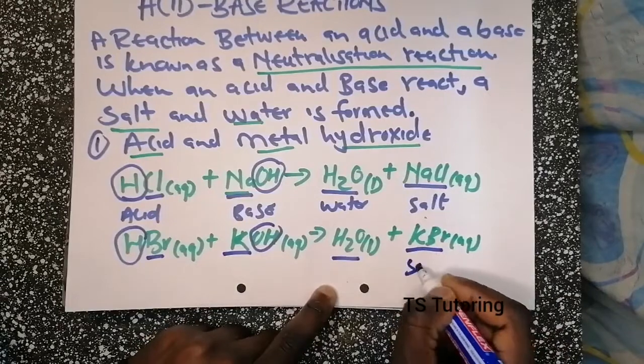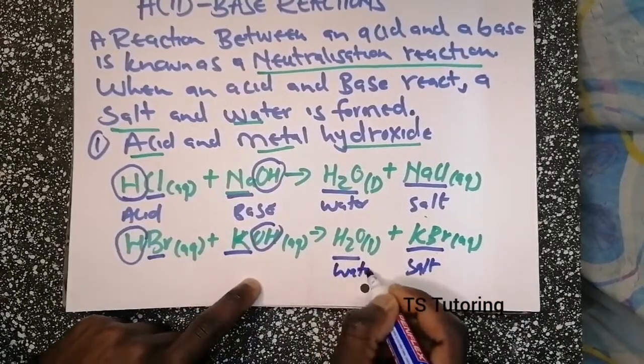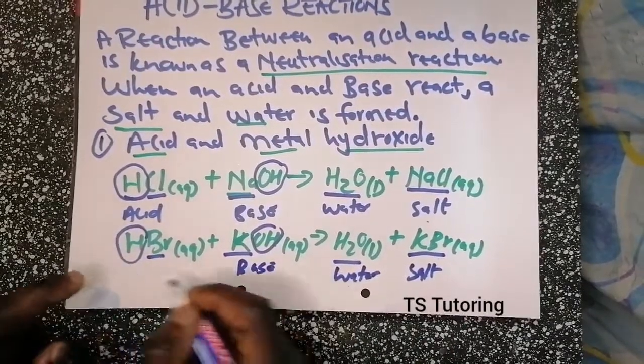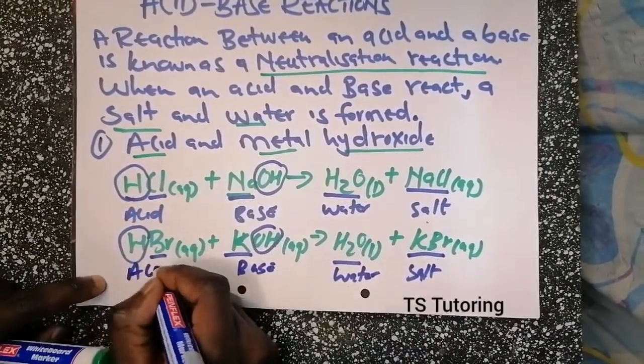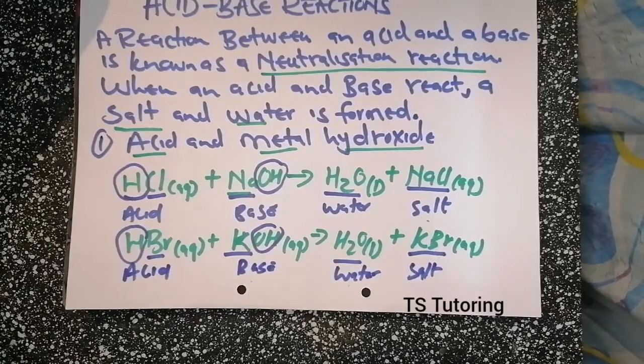So this one is our salt, which is potassium bromide, and water, the base, which is the metal hydroxide, and the acid. So this is the reaction of an acid and a metal hydroxide. They always form a salt and water, isn't it?